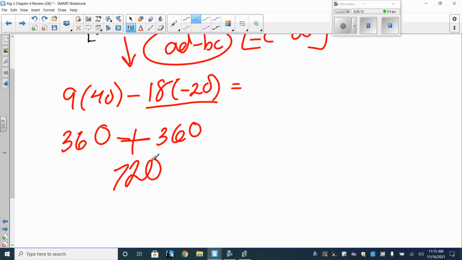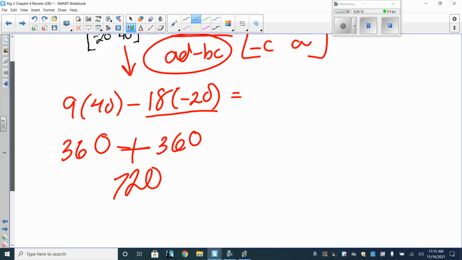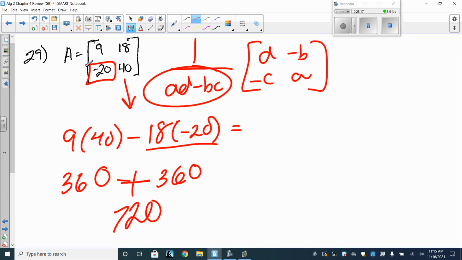So this would have an inverse. Now, if this 20 had been positive, then it wouldn't. Any questions on this here?